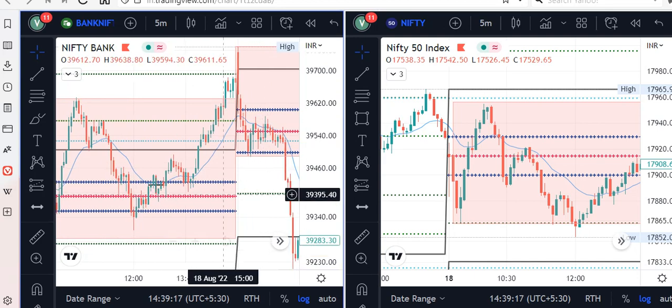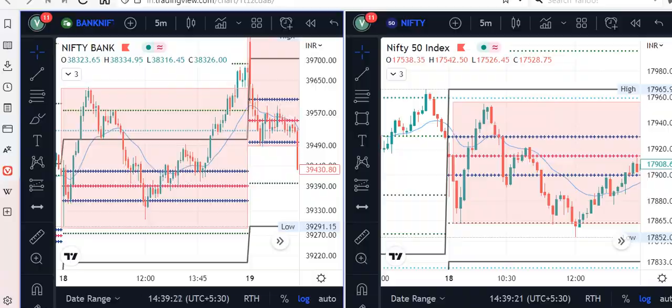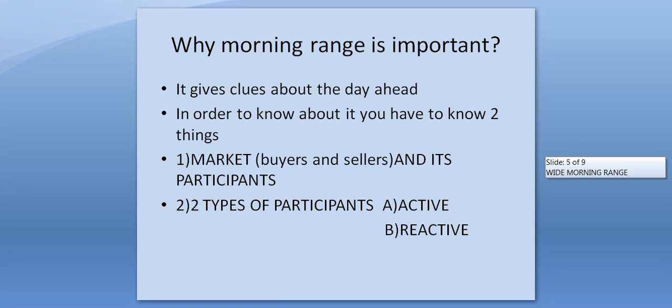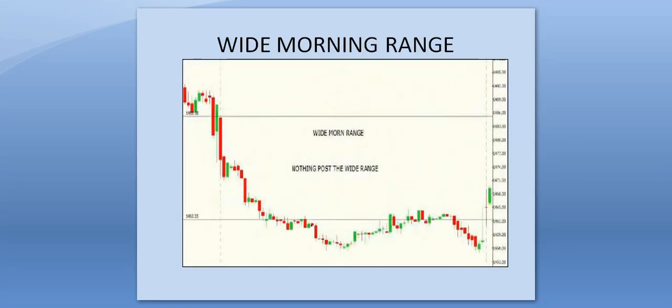Okay, this is the wide initial balance. Sometimes, as I have shown you, see here, it would be like this. A wide initial balance would be like this. Wait for some time. Like this. On a wide initial balance day, the price may be sideways for the rest of the day.